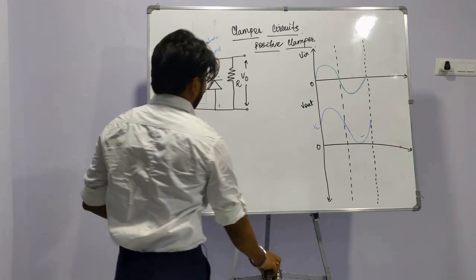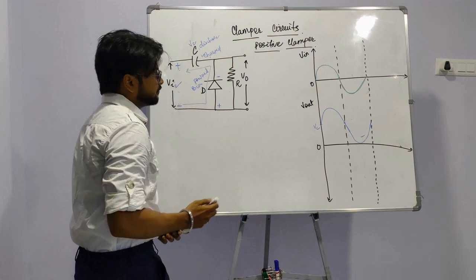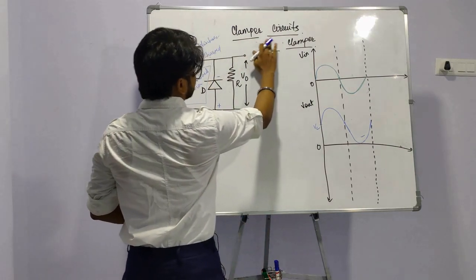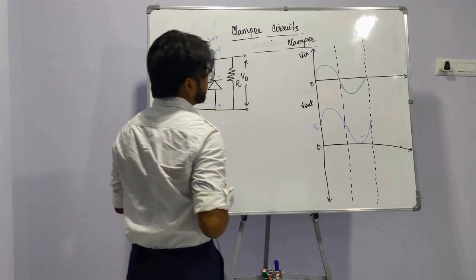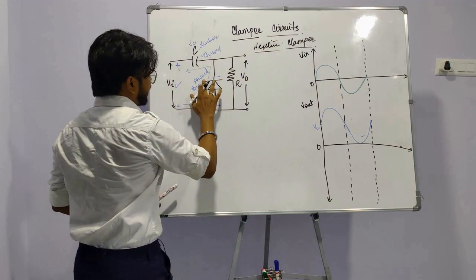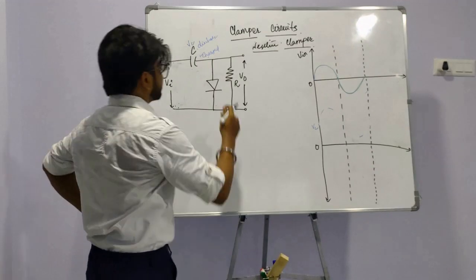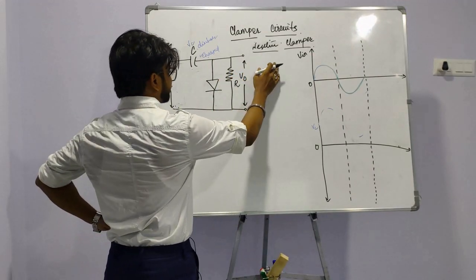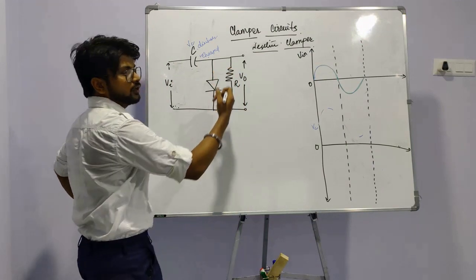Now we'll discuss the negative clamper. In the negative clamper, as compared to the positive clamper, only the diode is reversed.